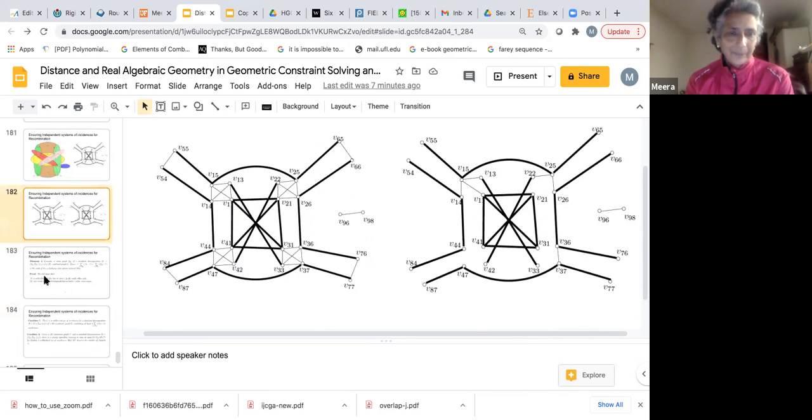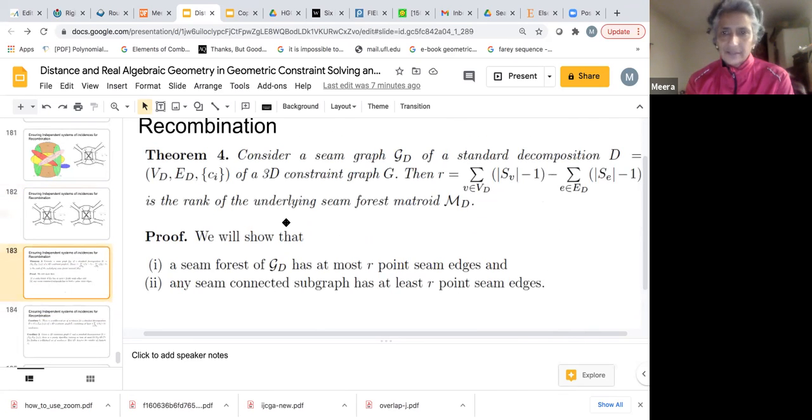Essentially the other theorem says that if we ensure that we get a seam tree, then we get the right number of equations that we wanted. In other words, we define this notion of a well-formed system of incidences by saying it should have the right number of equations.